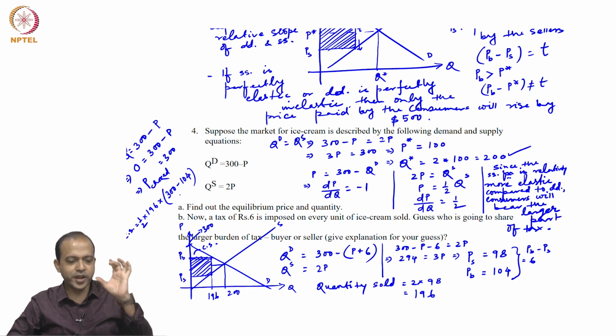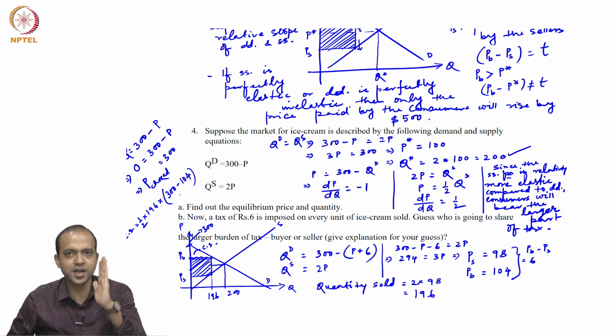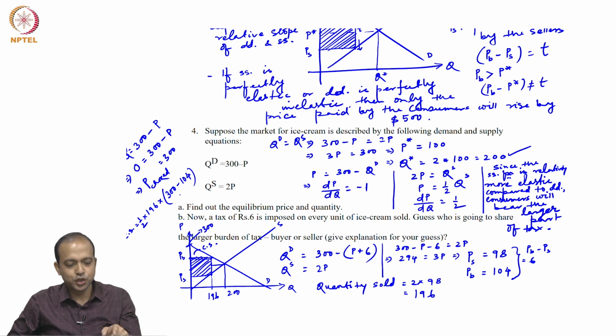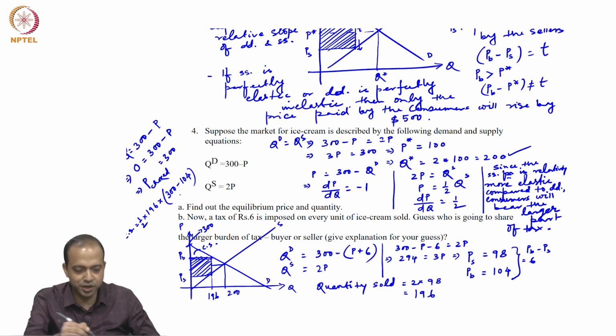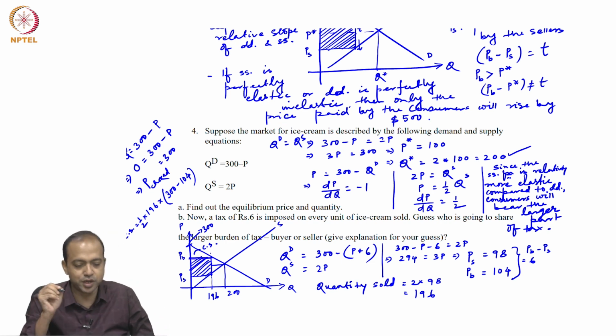So, there is a trick here. Consumer surplus is this triangle and the formula is half into base into height. The base we already know: in the post tax situation, the quantity demanded is the base of this triangle. Please look at it once again. This is 196 that we have found out.